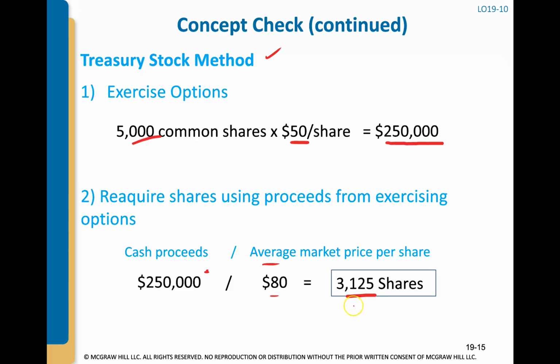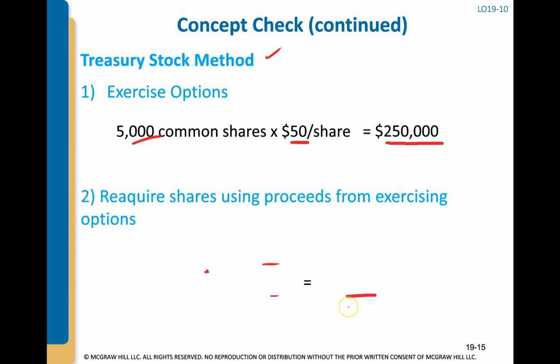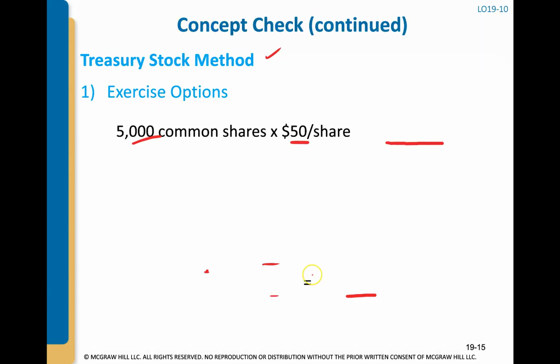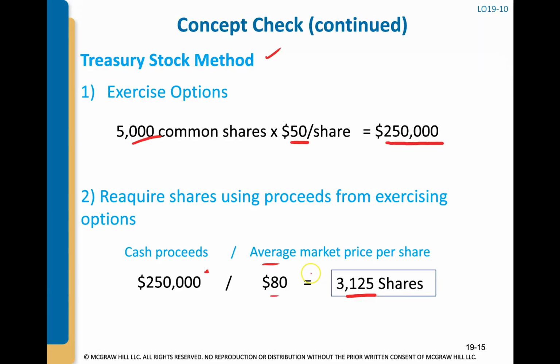I want to make sure that you're not going to stop your calculation right there, because the question is, what's the net increase of incremental shares? Okay, so make sure you read your questions really closely, whether it's on an exam or the CPA exam, or a test you're taking for class. Make sure you read it very, very carefully to see what it is asking.